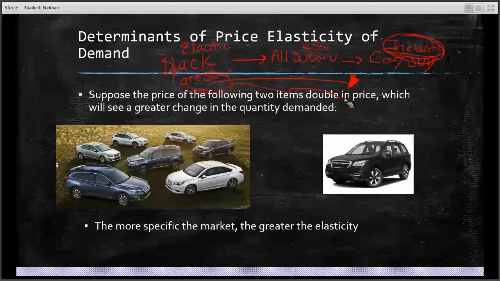So the more specific your market, the more specific, if I'm talking about Gap clothing, very specific. If all Gap prices double, that's going to have very elastic demand. But if I say clothing in general doubles in price, that's going to have more inelastic demand, because I need to wear clothes. I don't have a lot of other options.